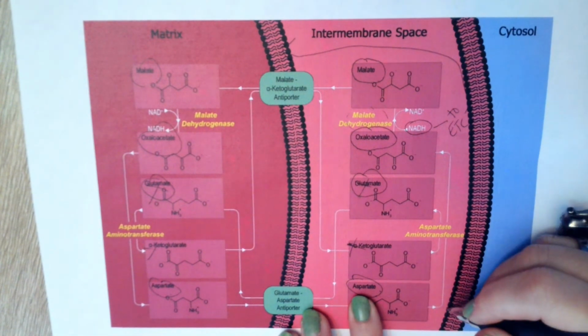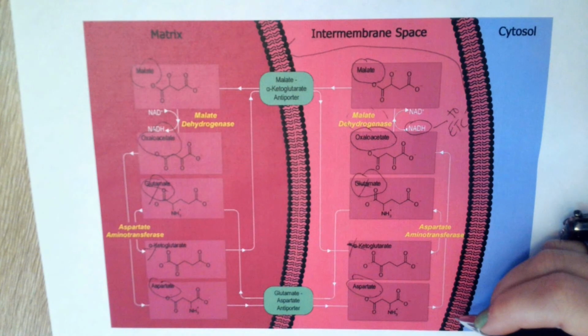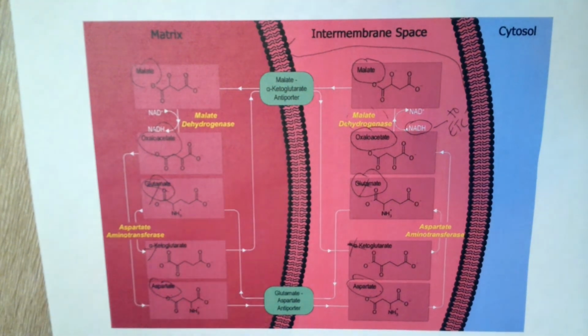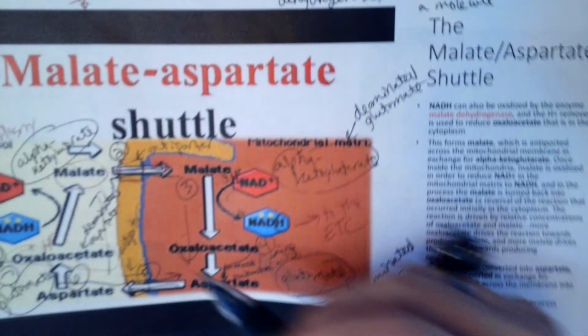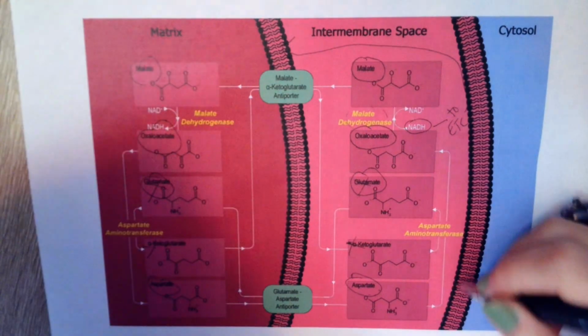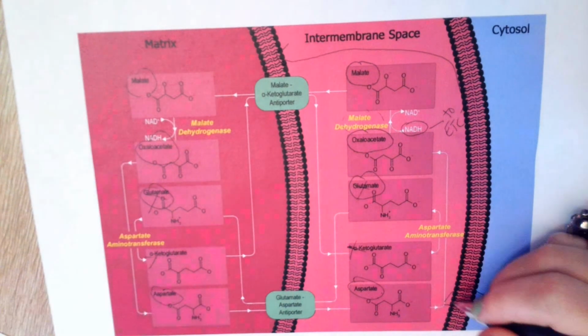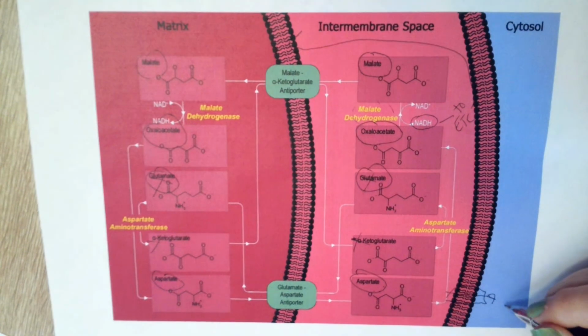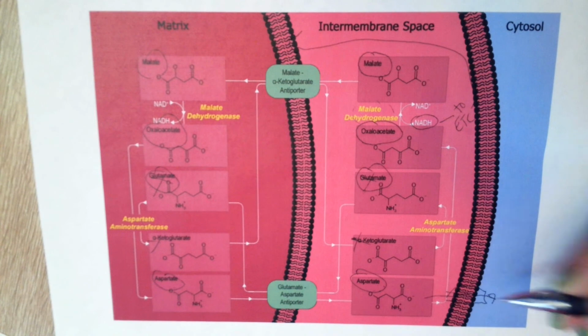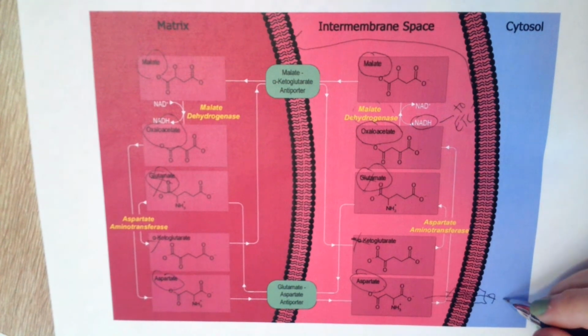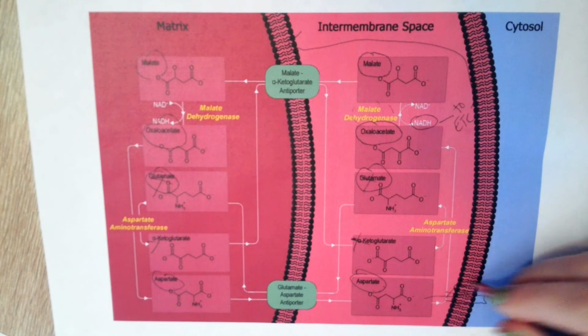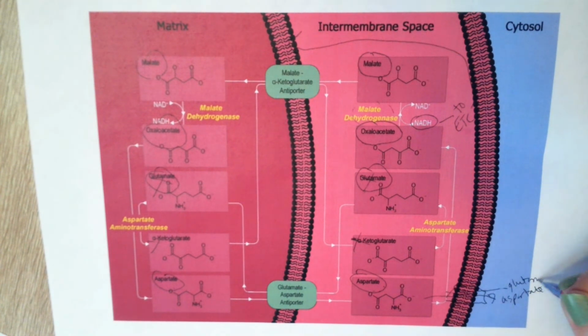Now, what we saw on our picture here, this would have then gone out. So the aspartate would go out in exchange for glutamate. I try to ignore glutamate. I can't ignore it for long, but there we go.